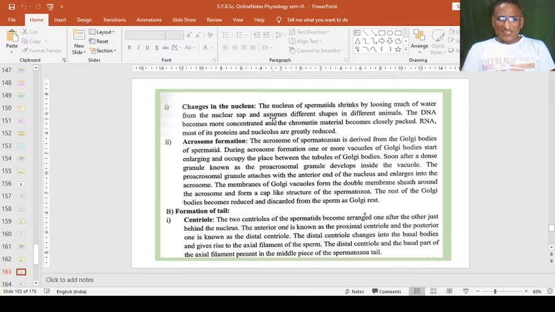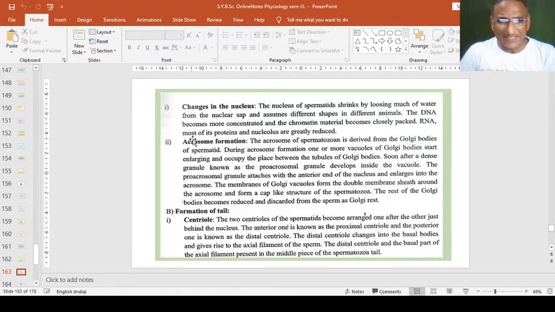The nucleus of spermatids shrinks, losing much of the water from the nuclear sap, and assumes different shapes in different animals. Therefore, the structure of sperm is different in different animals.